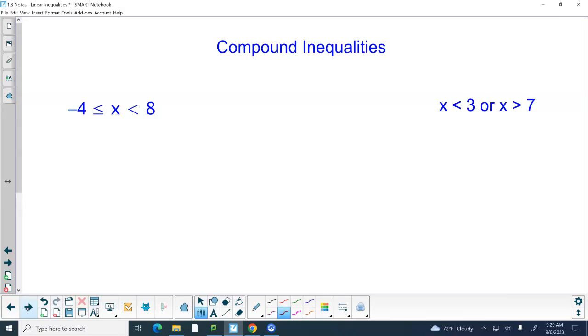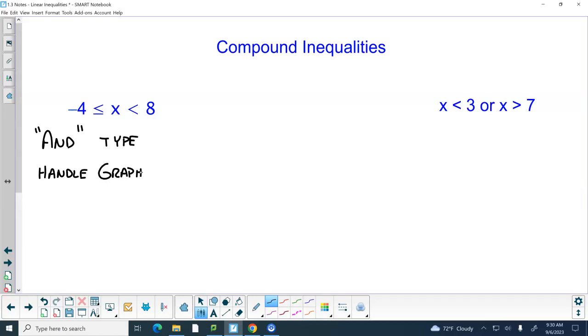This is an and type, because they both have to be true in order for you to have a solution. You will also hear me refer to this as the handle. You'll see why it's called the handle when we get to the graph.